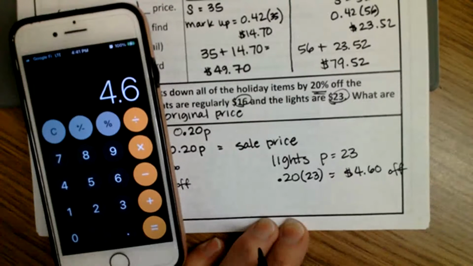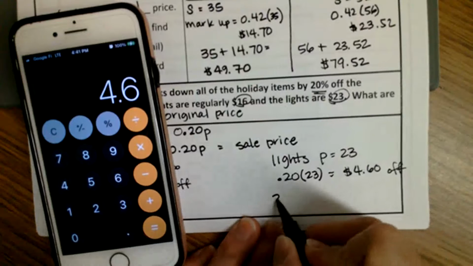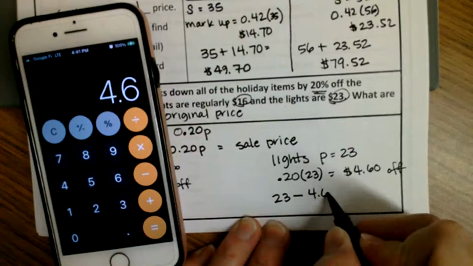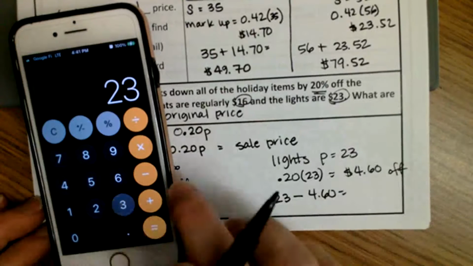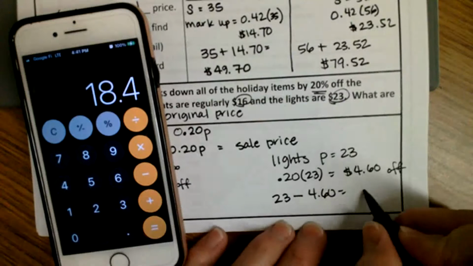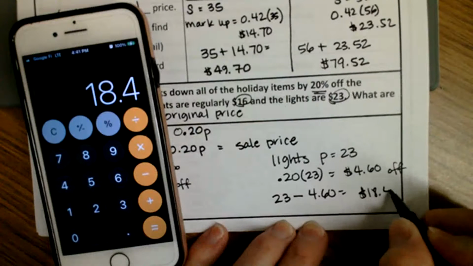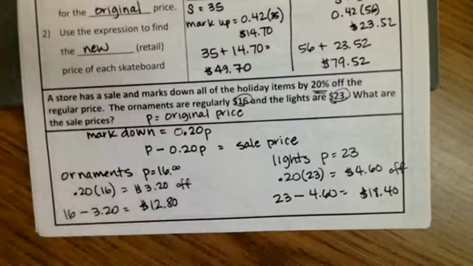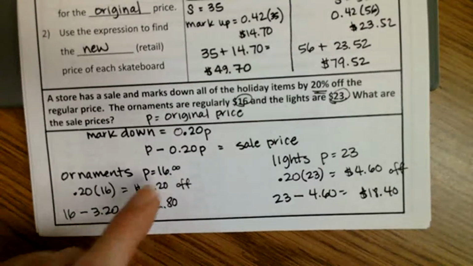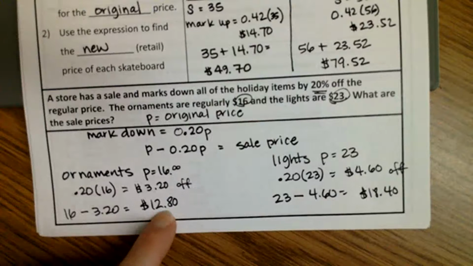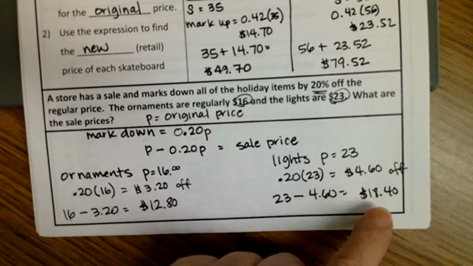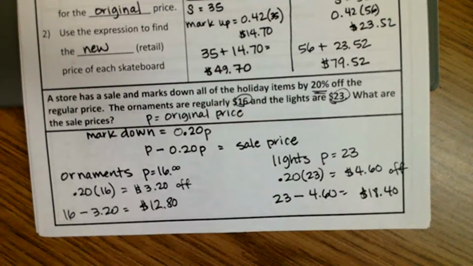So we take the original price, 23, and we subtract the $4.60, 23 minus $4.60, and we get $18.40. So the ornaments that were $16 with the 20% off sale are now $12.80. The lights, which were $23 with the 20% off sale, are now $18.40.